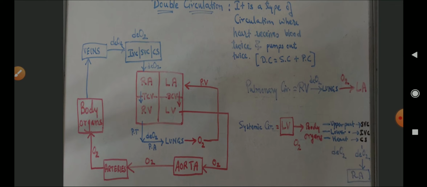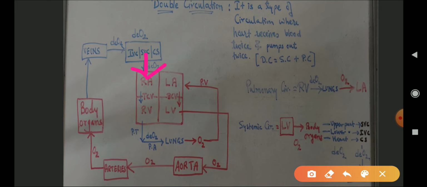Now how is it? In the diagram, the heart first receives blood from the superior vena cava, inferior vena cava and coronary sinus. What sort of blood is it? Deoxygenated blood. Then from the right auricle the blood enters the right ventricle, and afterwards it is given out for the first time, to the lungs for purification.